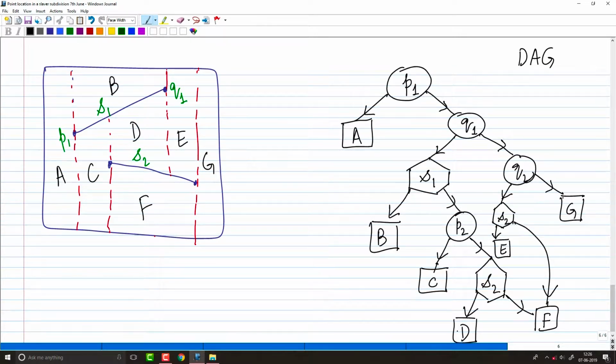Now, if you look into this data structure, there is an interesting thing that has happened. Though I have redrawn over my earlier drawing, if you now look into this boundary of the data structure, you look below.